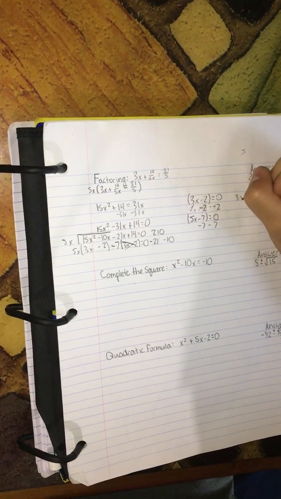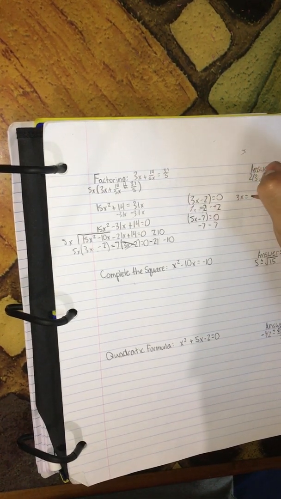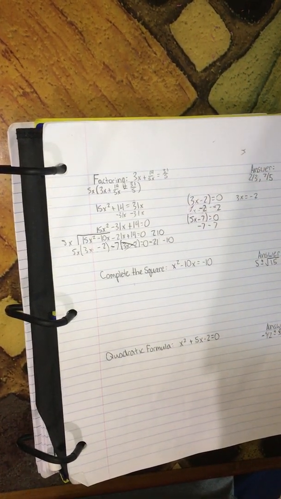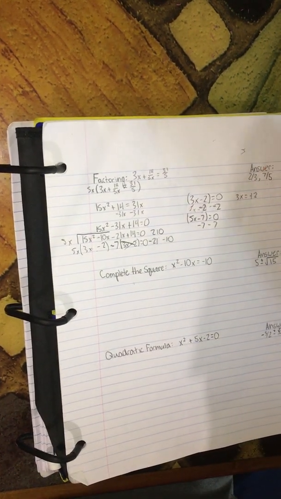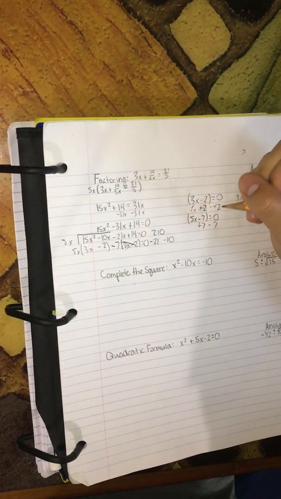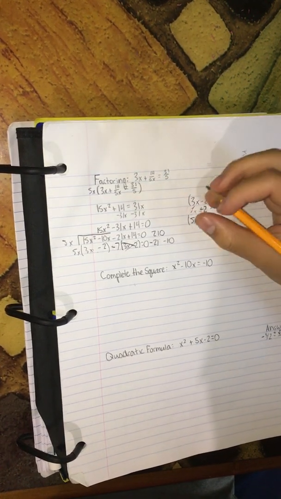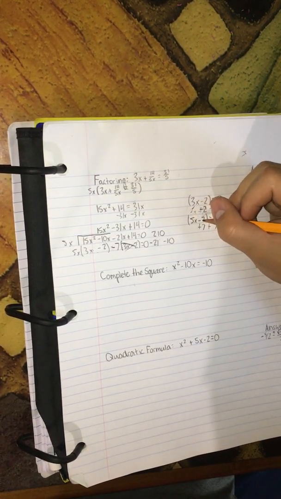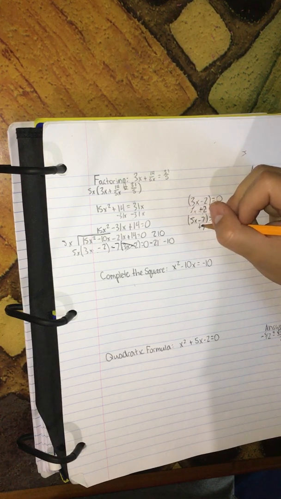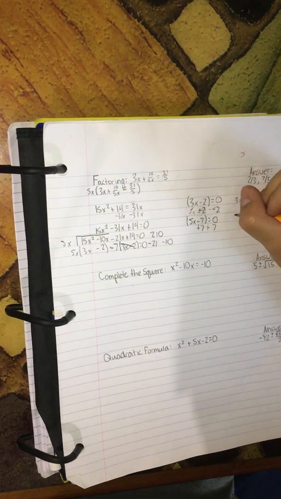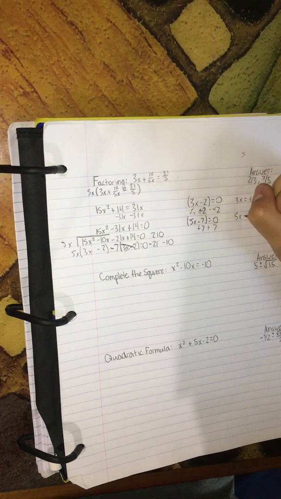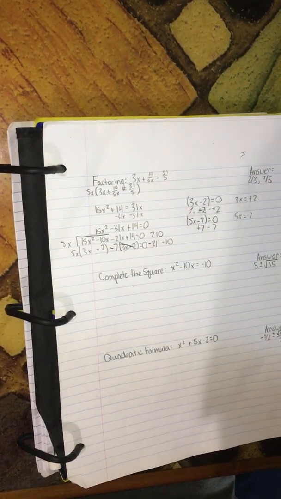So 3x equals positive 2, and 5x equals positive 7.